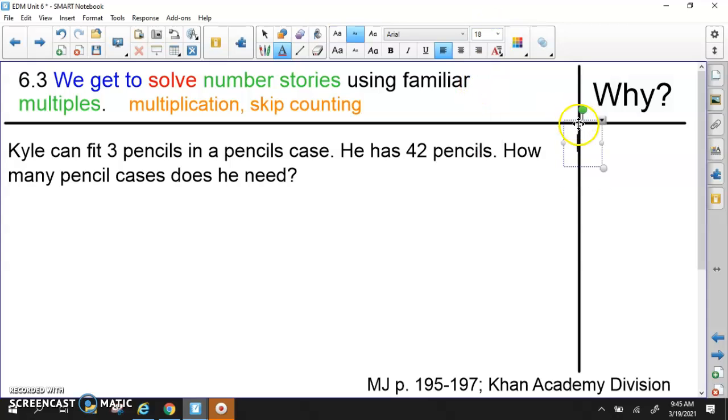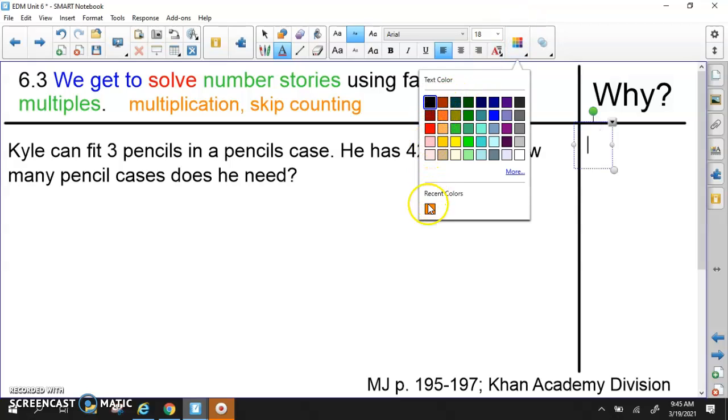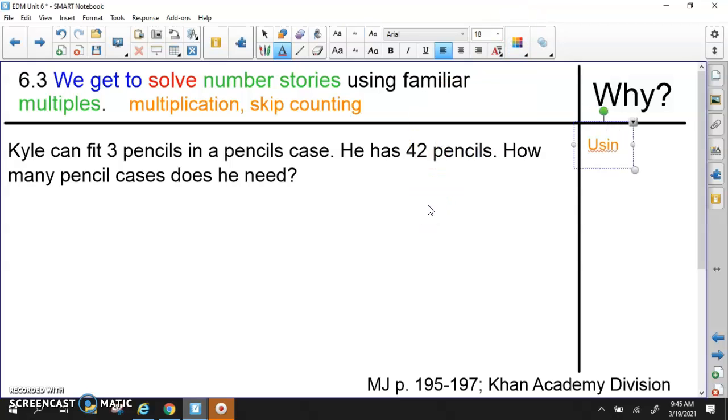Okay. So what we're going to be doing here is we're going to be using our ideas of multiplication to help with our sense of division. So we're using multiplication skills to increase our division skills. Yeah, exactly.